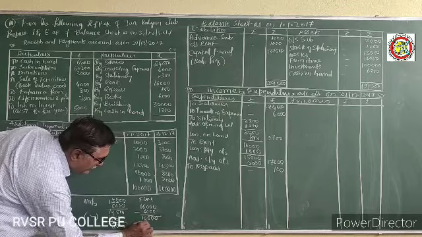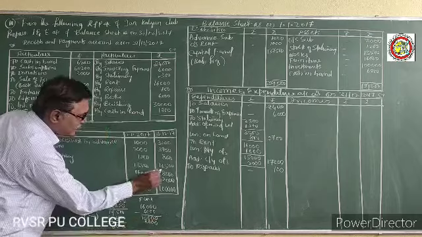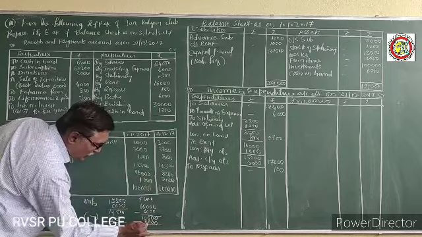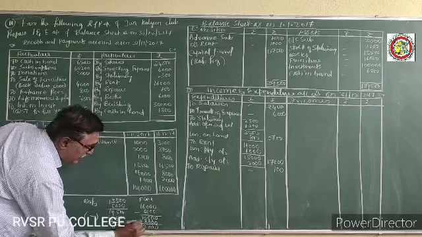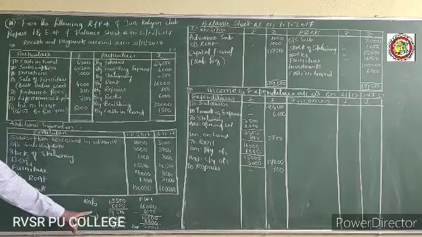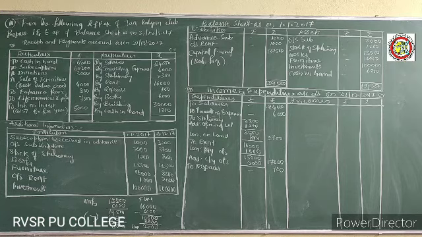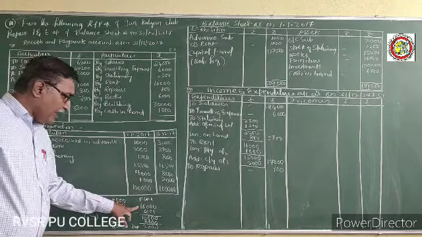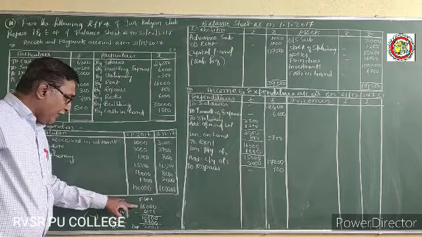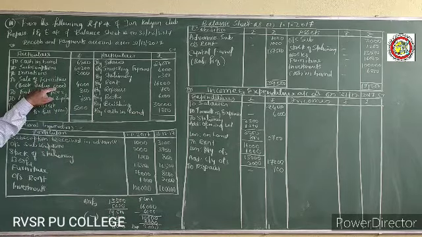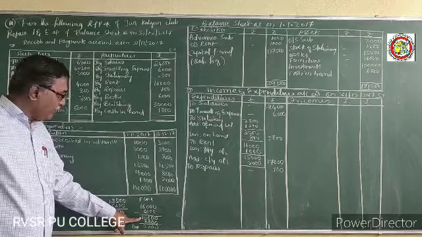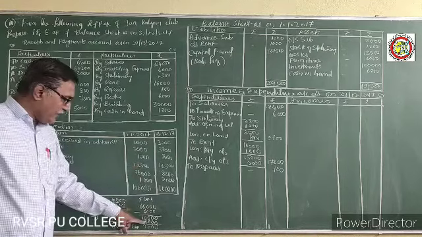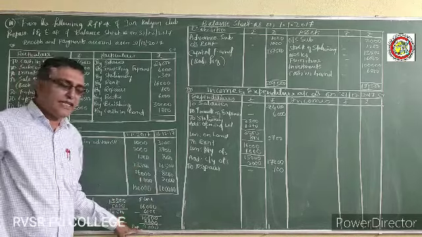In that, closing value is 8,000. So you will get 2,000 as the depreciation in regards to the furniture.